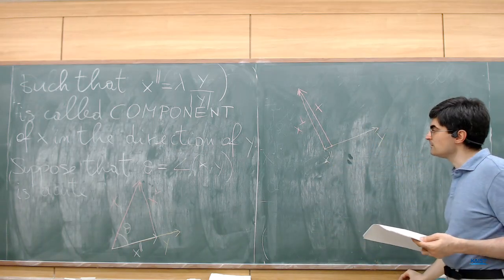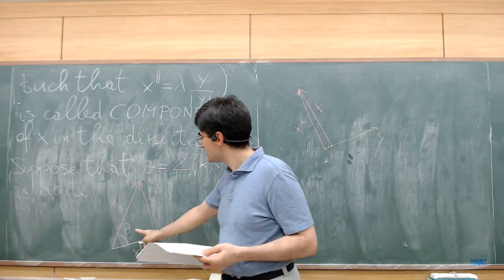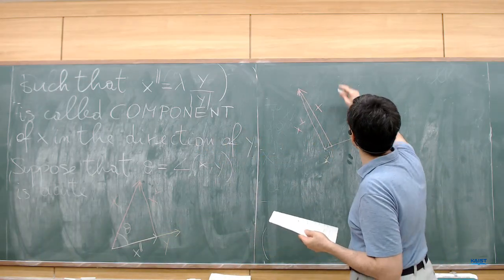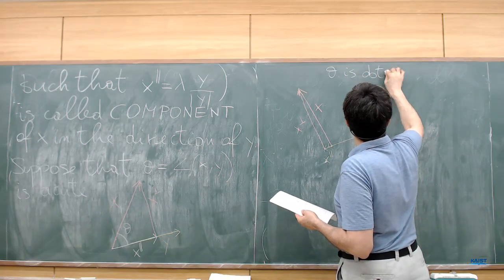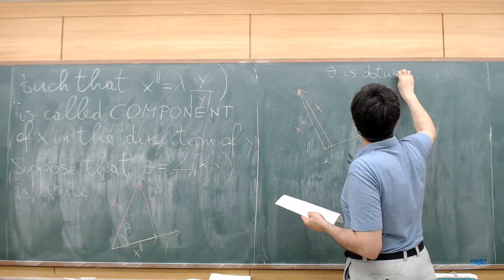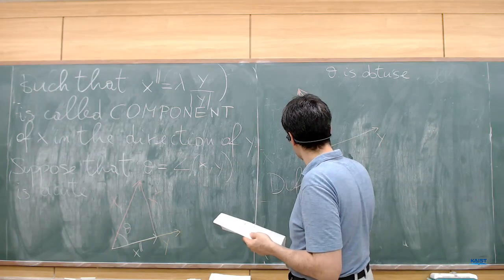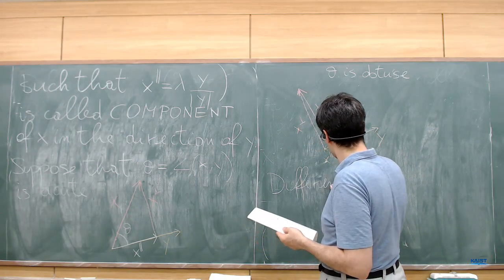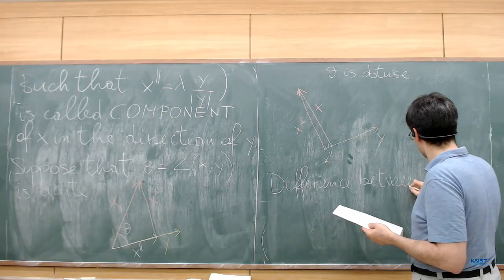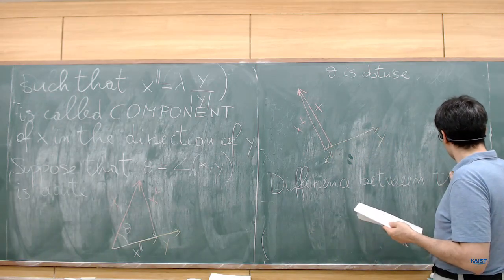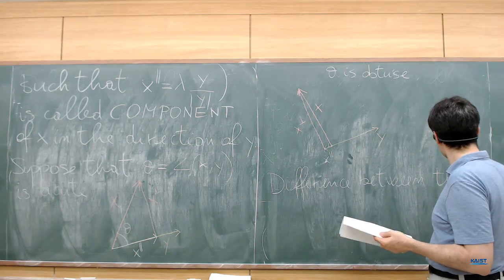And what is the difference between this case and this case, where theta is obtuse? So the difference between these two cases.